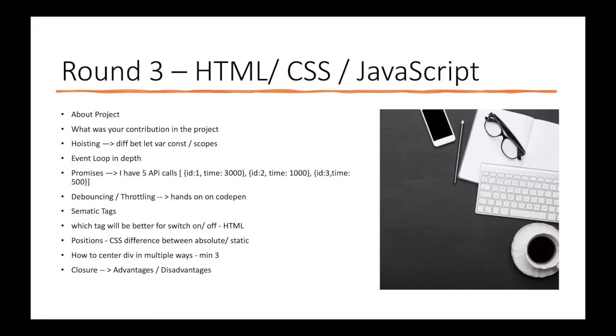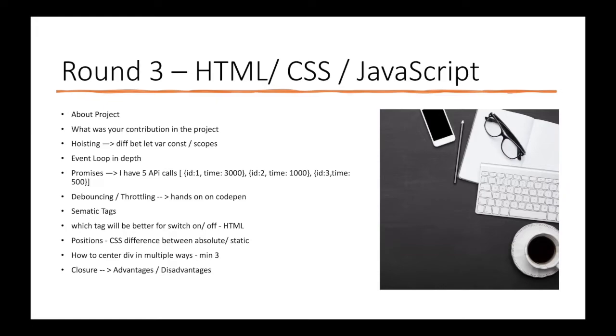How can I overlap, how can I create a circle with the help of pure CSS and HTML? Those kinds of questions were there, and he asked me to do it in front of them with whichever tool I was comfortable with, either CodePen or JS Fiddle. And then other questions, like telling him multiple ways of vertically and horizontally aligning the div.